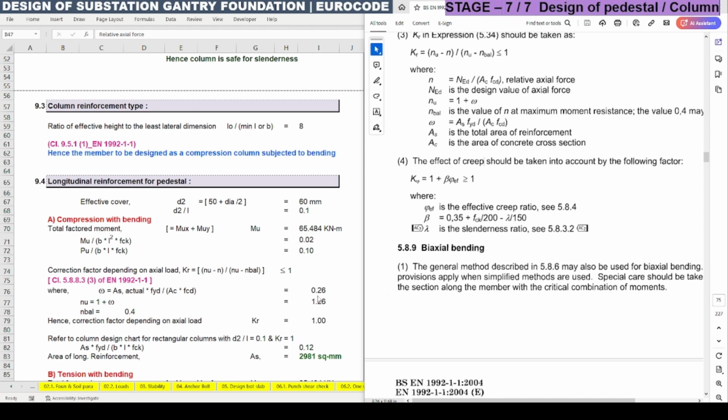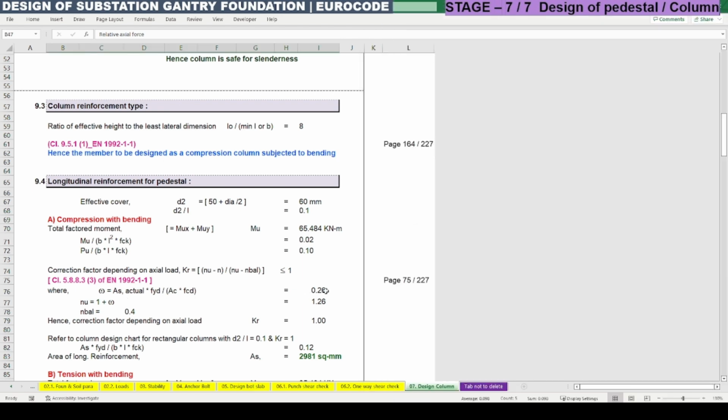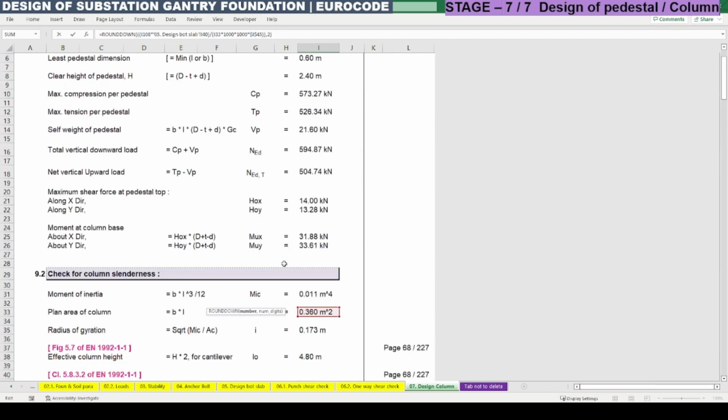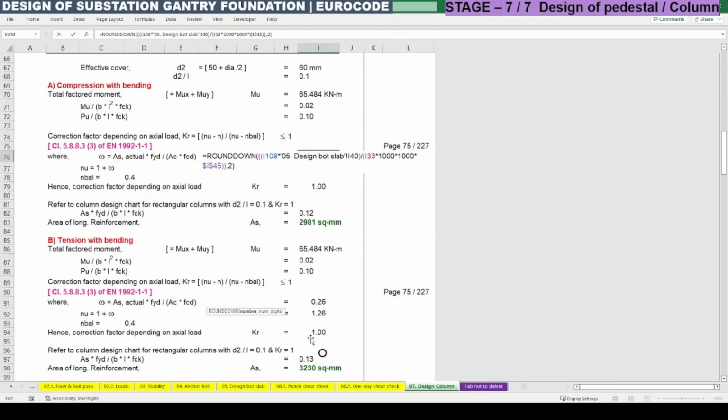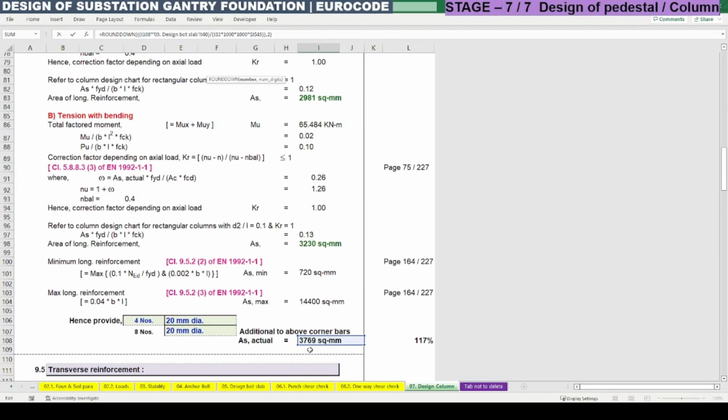So the omega value, if we calculate it, is As actual into fyd divided by Ac into fcd. The actual reinforcement is what we calculated by assuming 4 numbers of 20 mm dia and 8 numbers of 20 mm dia. These 4 numbers are at corners and 8 numbers are intermediate. So totally 12 numbers of 20 mm diameter we assumed.